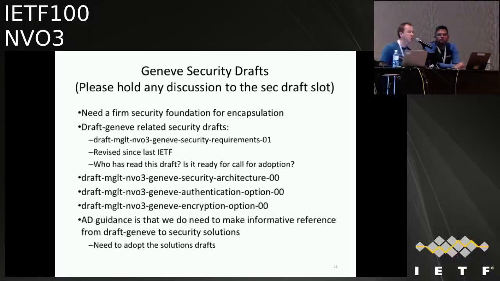But we need to show some progress in this area, and some concrete steps toward developing security solutions within NVO3, in order to get Genève through. This means we probably need to adopt those solutions documents pretty rapidly. Ideally, it's good to make progress on the requirements and security architecture, but the end goal is to get those solutions adopted in the working group and published eventually.